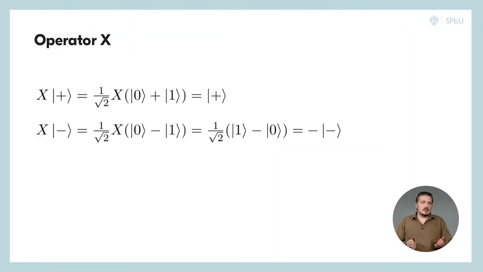Well, since it flips 1 and 0, it is quite obvious that it preserves the states which contain both these vectors in the same proportions. The state plus is an eigenvector with eigenvalue 1, and the state minus is an eigenvector with eigenvalue -1. So we can see that X is not just an important operator, it is also a good observable, since it does not have degenerate eigenvalues.